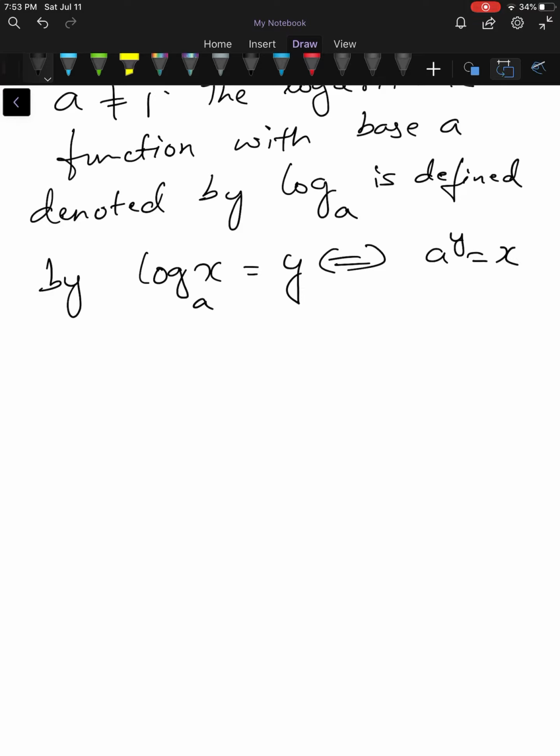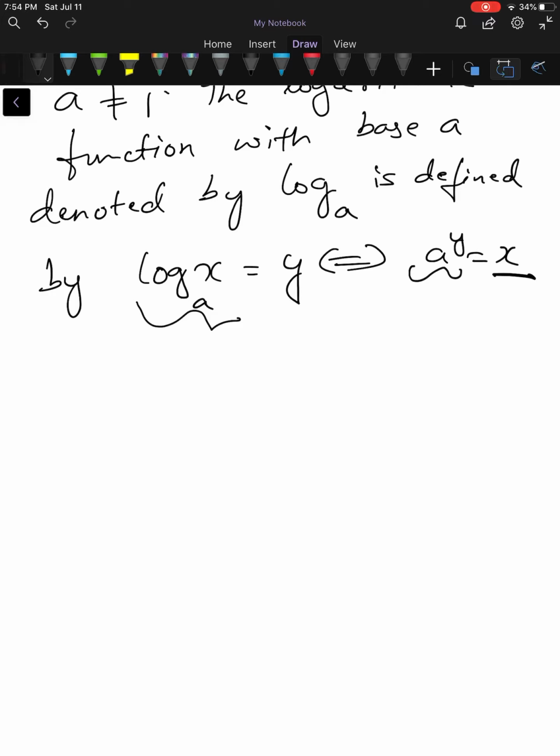That means log of x to base a is the exponent to which base a must be raised to give x.